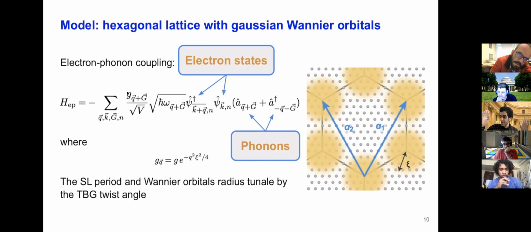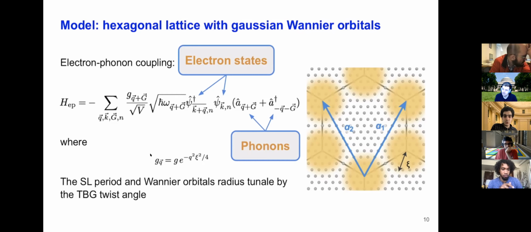I will make this more quantified later, but for now, this is just an intuition to know why, when I have more localized Wannier orbitals, my electrons now will couple to more and more phonons.